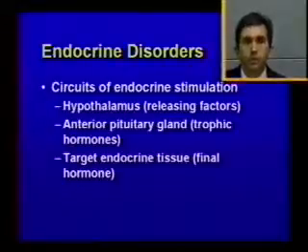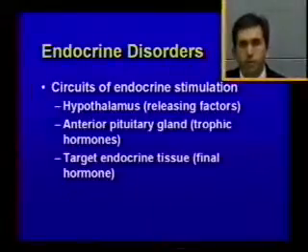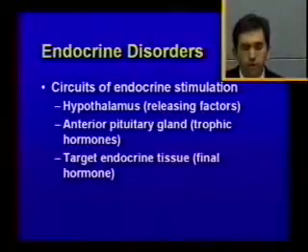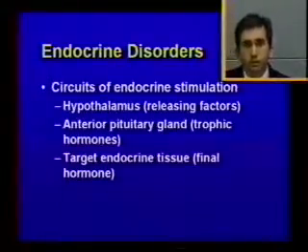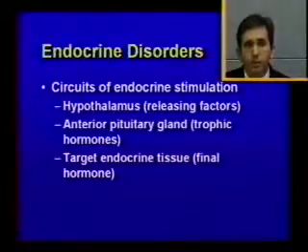Now let me briefly discuss the endocrine system and some disorders of the endocrine system that are probably the most important to know. First, consider these facts about the endocrine system, and that is that it is composed of a series of circuits where you have a circuit that senses a metabolic abnormality, such as calcium levels or glucocorticoid or steroid levels in the blood.